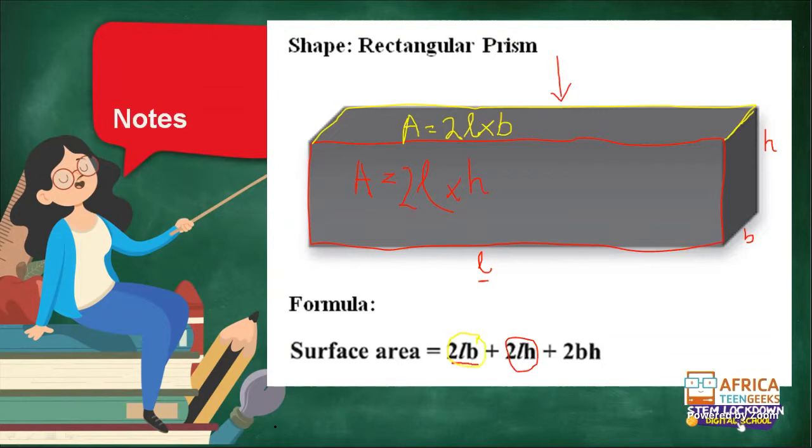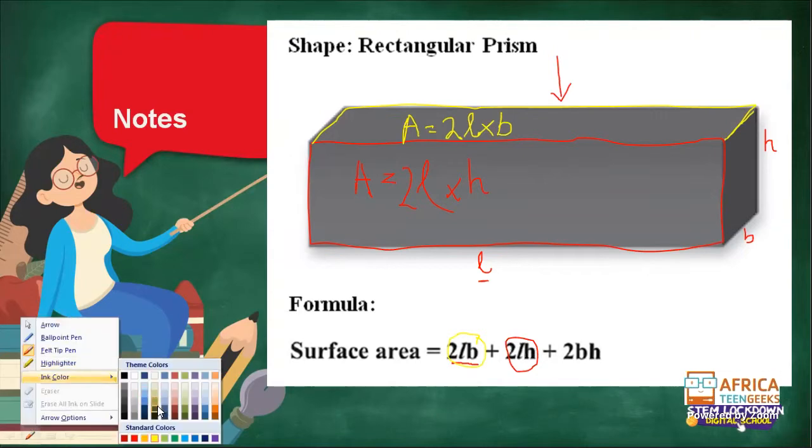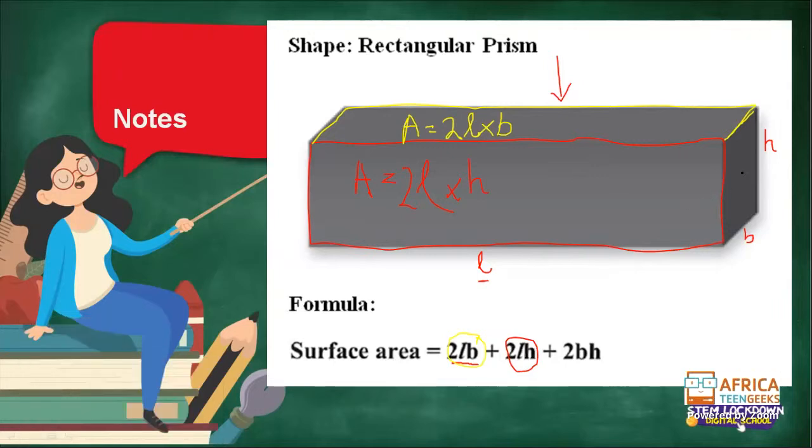Twice the length times breadth, I mean. And lastly, let me use another color. Let me use green for this one. Now, this last one, the side: remember there are two sides. There's this side on the right and this side on the left. The area of this side on the left in green will be the breadth times the height.